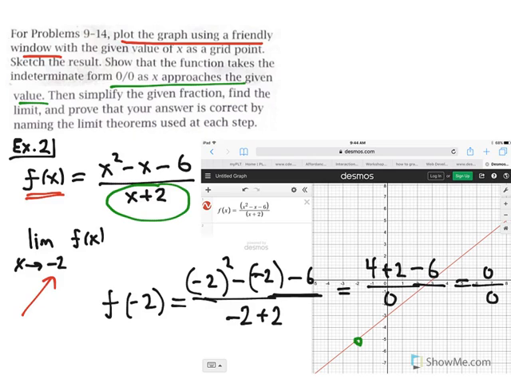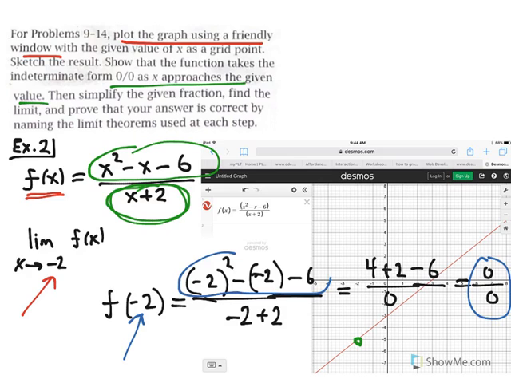So what that means is that negative 2 is a 0 of both the numerator and the denominator, which means the numerator and the denominator will have a common factor that we can cancel out. And how do we know this? Because the function f evaluated at negative 2 gives us 0 over 0.